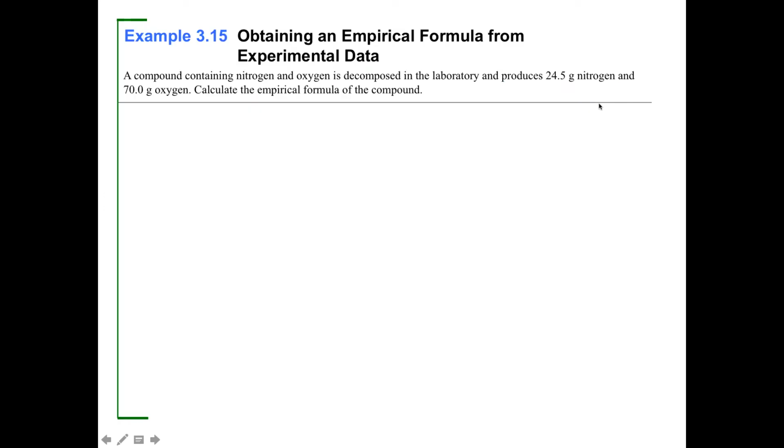Okay. All right, so let's do an example, 3.15, and this is on page 103 in your textbook. Page 103. All right. A compound containing nitrogen and oxygen is decomposed in the laboratory and produces 25. So we do the same thing here.